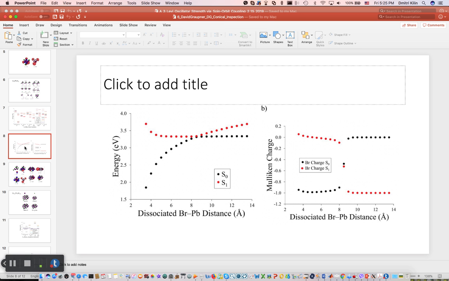So this conical intersection, and consequently very quick recombination from excited to ground, will occur only if kinetic energy is high enough to extend the bromine to lead distance from 3 angstrom to like 8 or 9 angstrom. It needs to be really high. And they did high temperature. They did see that their best case for conical intersection was the one where the bromine was distorted.